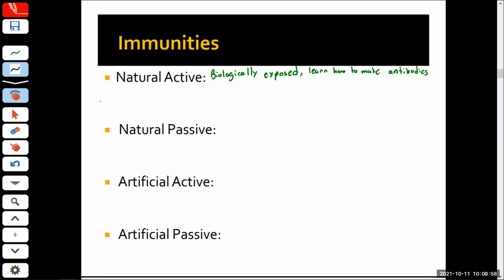Okay, so an example. Let's just say exposure to, let's say chickenpox. Okay. Kid in your class gets chickenpox. They start touching all your crap, guess what you get to look forward to?